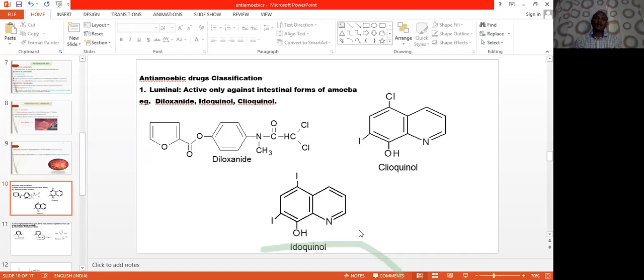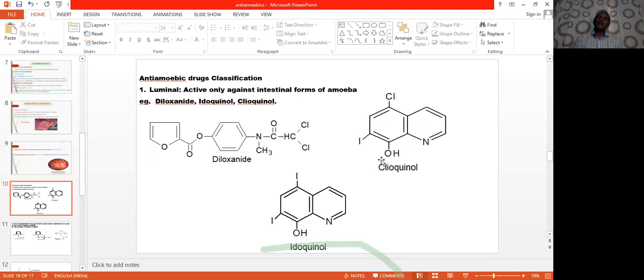But they have proposed that they may inhibit the DNA replication, RNA processing. These are only proposed mechanisms, but the exact mechanism of how they kill Entamoeba histolytica is not yet known. Since diloxanide looks like chloramphenicol, it may follow the chloramphenicol mechanism of action.